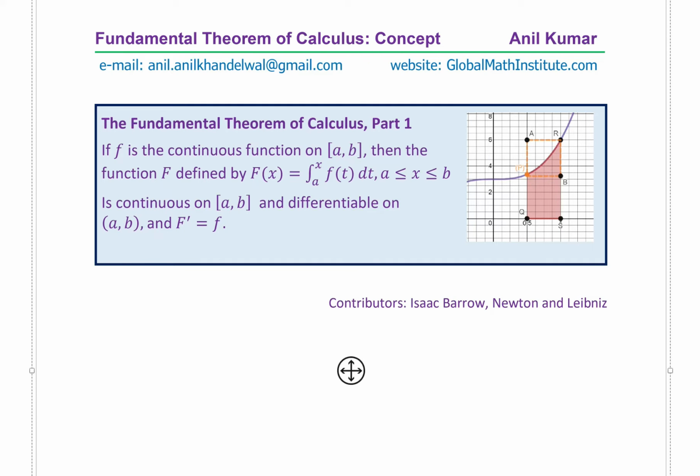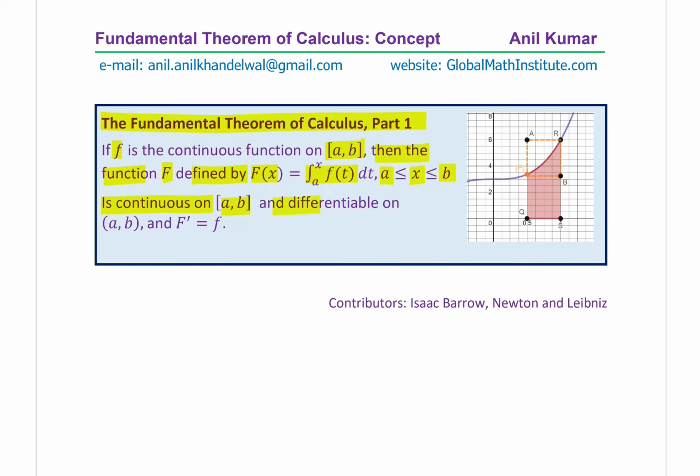The fundamental theorem of calculus part 1 states that if f is a continuous function on a closed interval a to b, then the function capital F, defined by capital F of x equals the integral of f of t dt, where x is between a and b, is continuous on the closed interval a to b and differentiable on the open interval a to b, and F prime equals f.